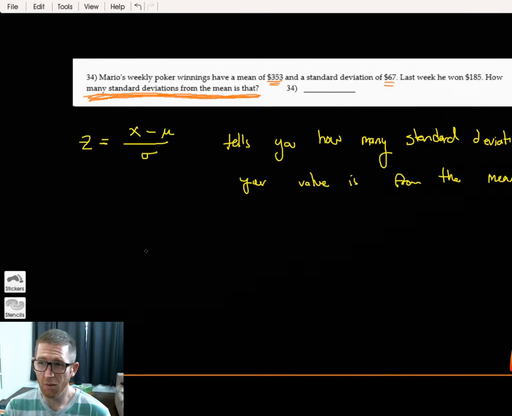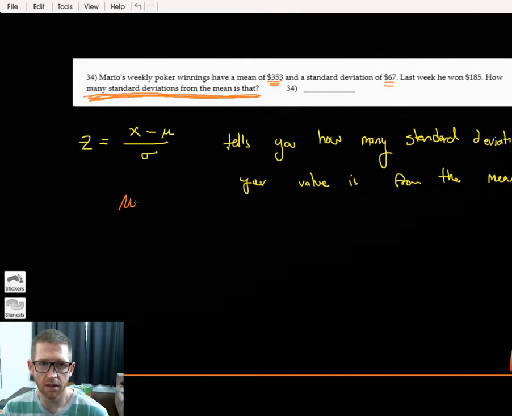So there's a couple of different ways to approach this problem actually. You can have this formula in your head, understanding that relative position is your value minus the mean divided by standard deviation. And then there's another way. Let's do this way first.